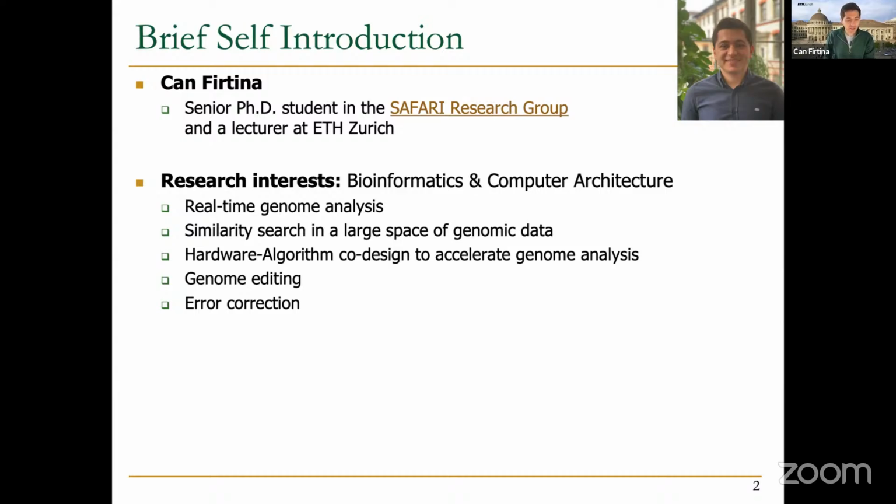I'm also interested in how we can do similarity search or sequence analysis in a large space of genomic data. And also, of course, how can we co-design the algorithm and the hardware together? It's not just that you implement the algorithm onto an existing hardware, but you rather try to think about what should change in the algorithm and what should change in the hardware, so that these two can be orchestrated nicely together to accelerate certain tasks in genome analysis.